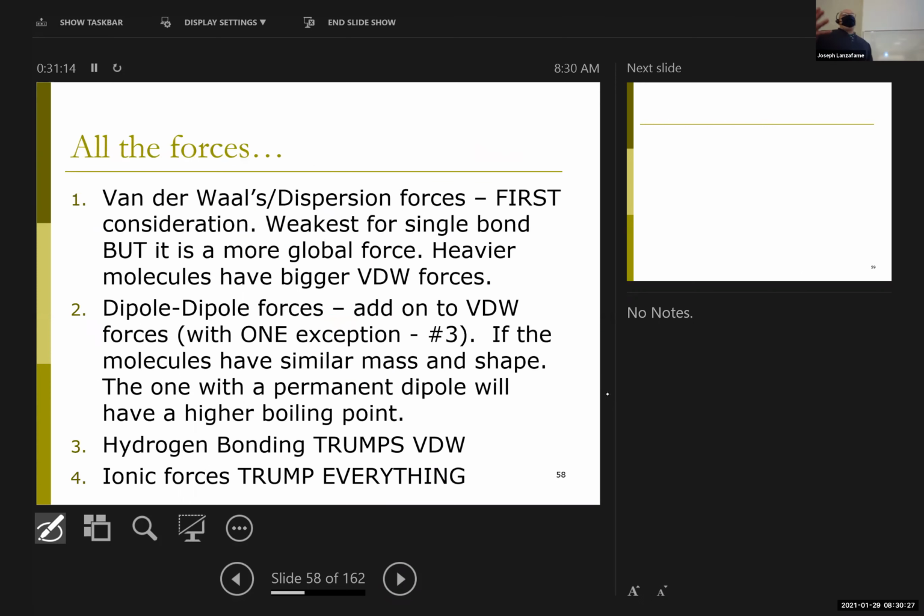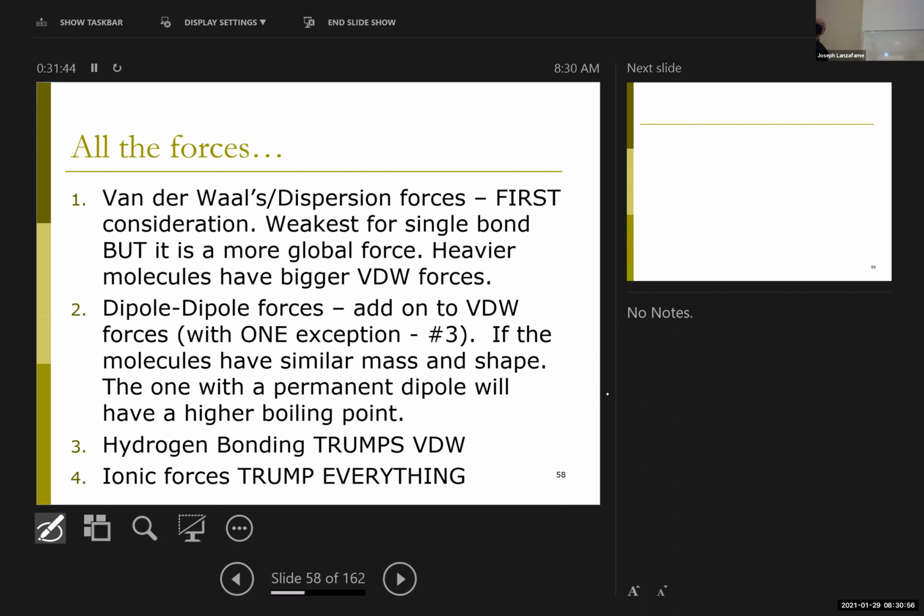And so basically, if I leave out the mixed forces for the moment, I have 4 similar forces. They're all dipole interactions. The bottom three are based on permanent dipoles and really just differ in the degree of the dipole.